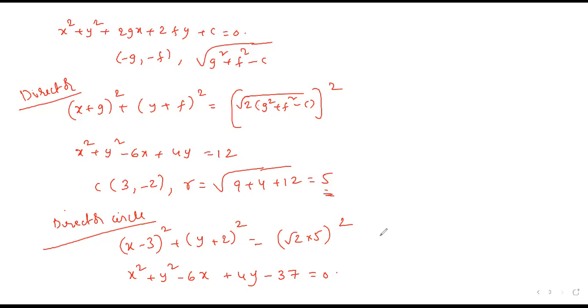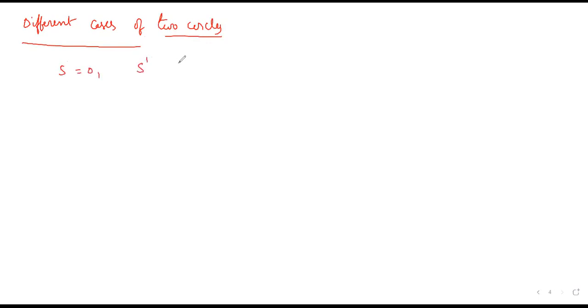Next, different cases of two circles. Suppose you take two circles S equal to 0 and S dash equal to 0, then the position of the two circles in different cases we will see.